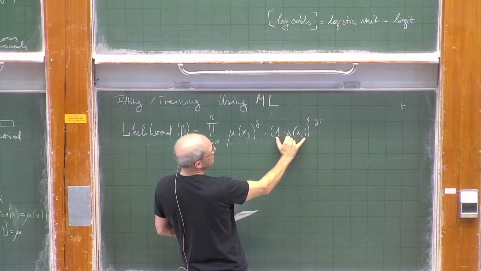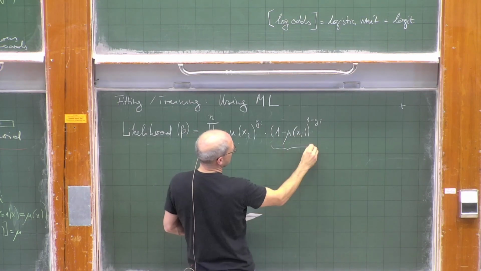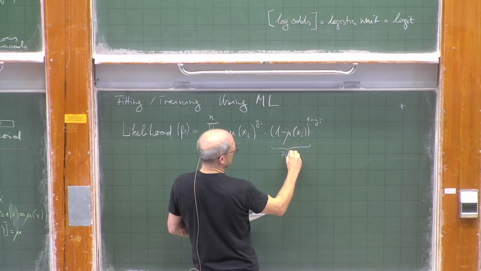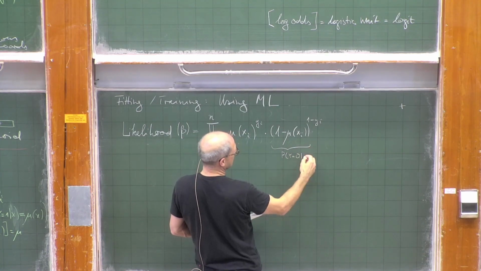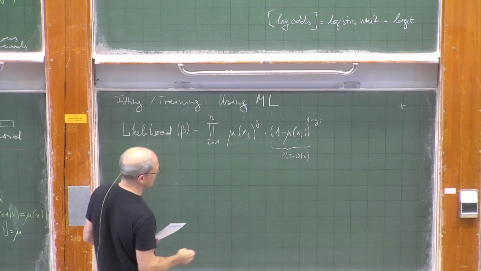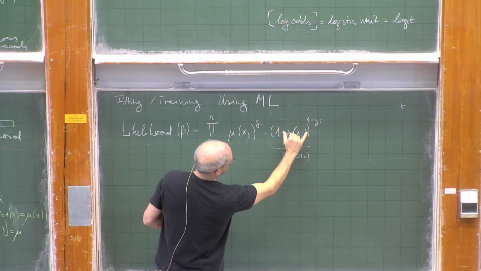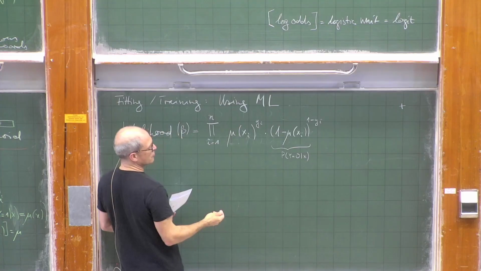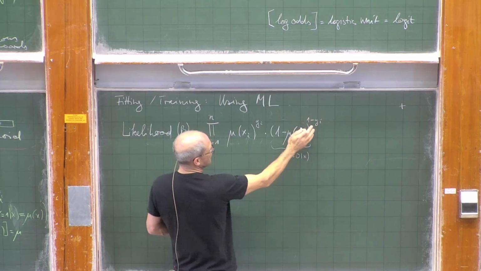So if the true class label was 0, then we are left with the probability of y equals 0 given this particular location x. So this is fine. And vice versa, if the true class label is 1, then the exponent is going to be 0.